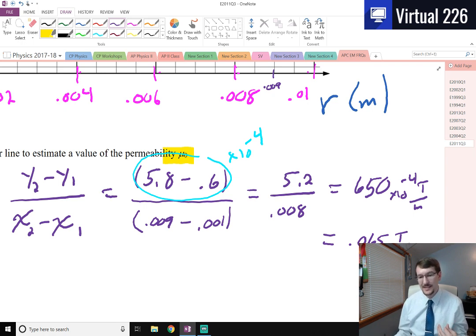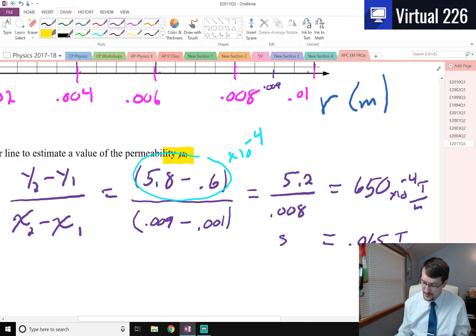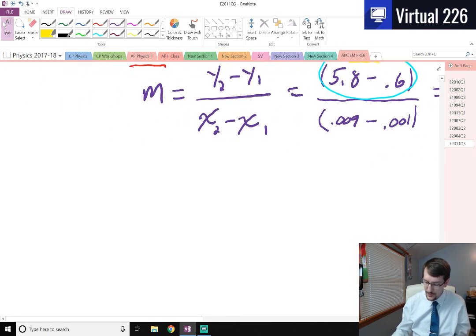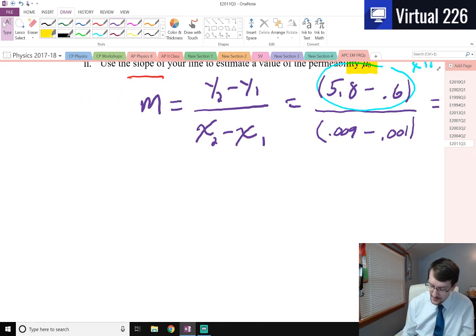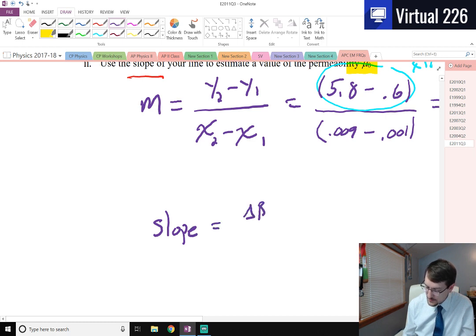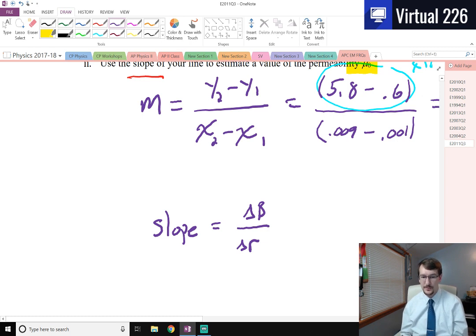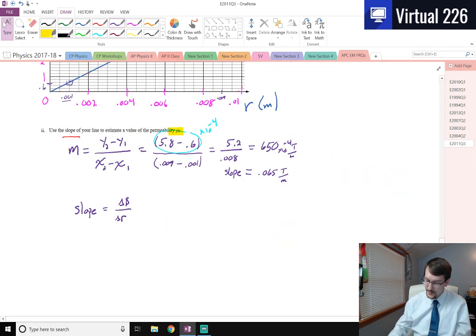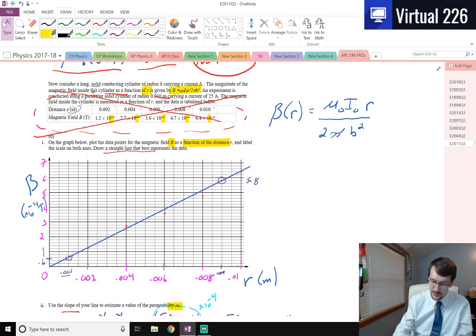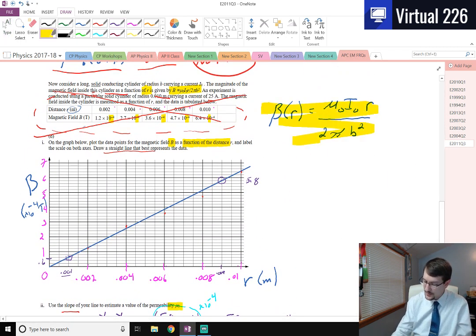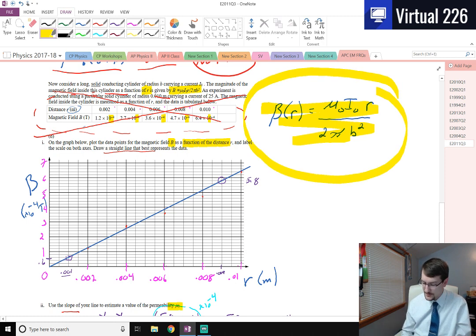Now, that still hasn't given us the value of mu naught. That's just what the slope is. Well, we know that slope, that change in y over change in x, represents the change in the B field as a function of the radial distance. If we go back up to what they told us in this problem, we know how the B field changes right here.